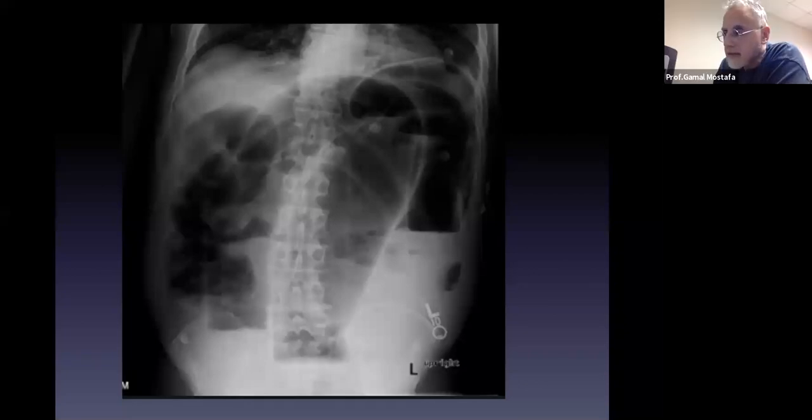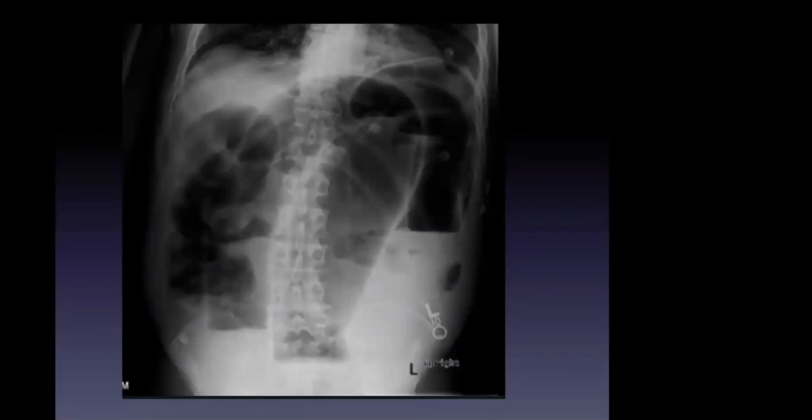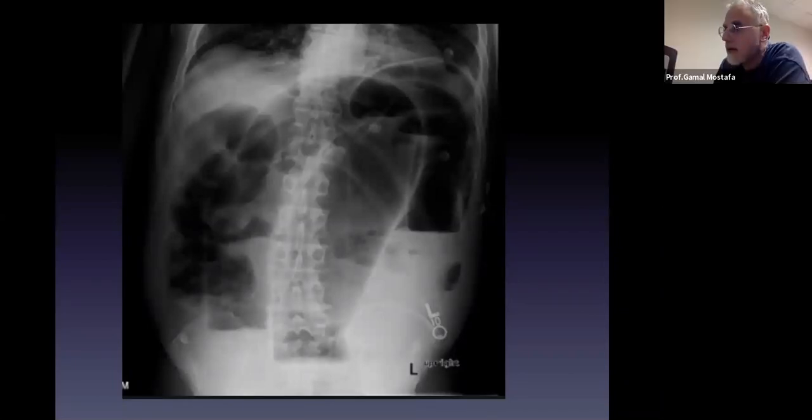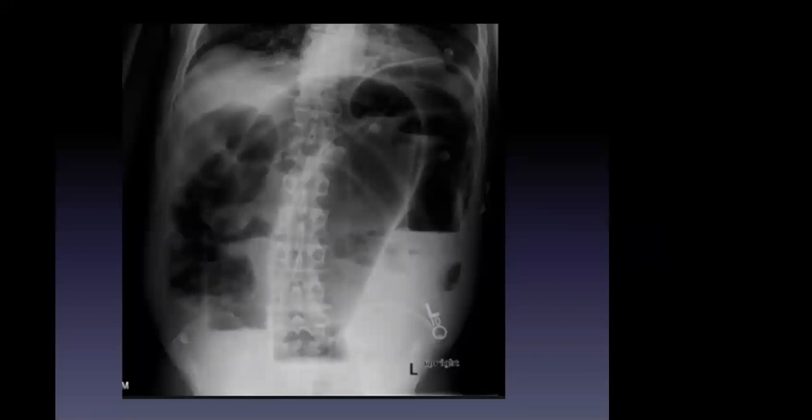Okay, so Mazen, if I give you only one test, you're only allowed one test to do for this patient to help you decide what you should be doing, what would that test be? CT scan, contrasted CT scan. What kind of contrast CT scan? So oral and IV CT scan.